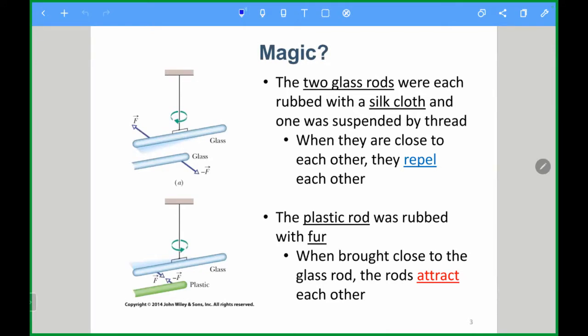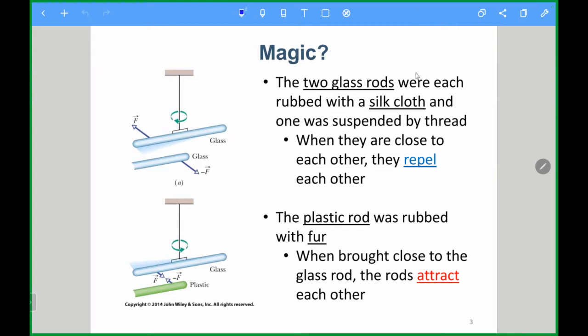First of all, let me introduce a simple experiment, or some observations. The title is a magic question mark. Here we have a couple of small experiments.